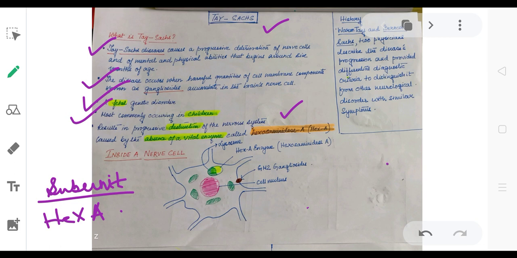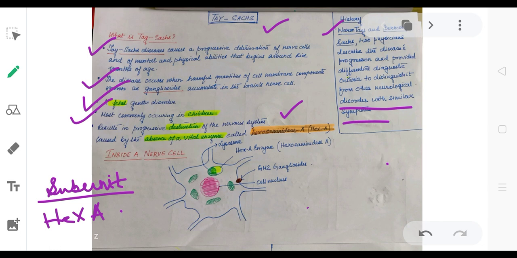Next we will move on to the history. Warren Tay and Bernard Sachs, 2 physicians, described the disease progression and provided differential diagnostic criteria to distinguish it from other neurological disorders with similar symptoms.